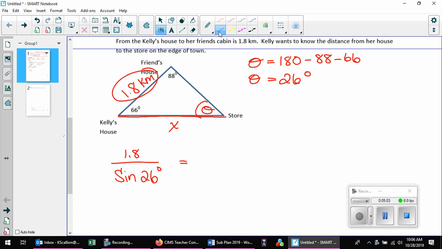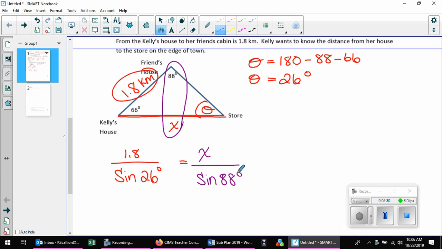I'm trying to find this side, and I know that its matching angle is the one across from it. So it's going to be side x over sine of 88. The only reason why I needed that 66 was to help me find that angle that I wanted.